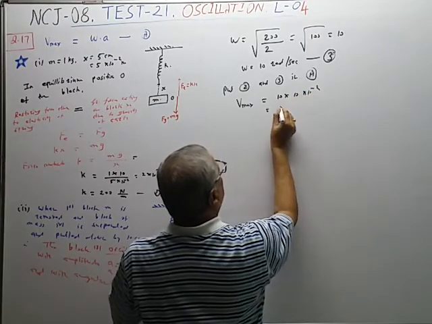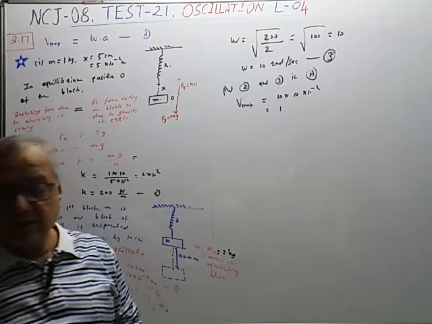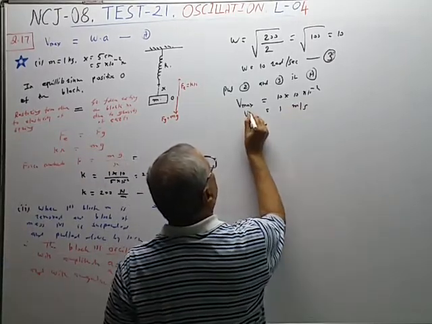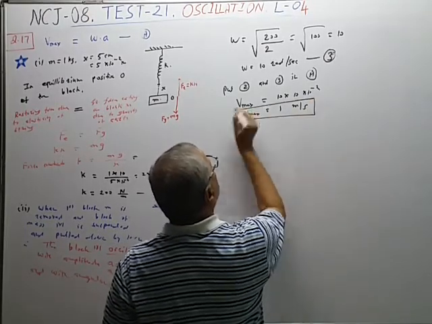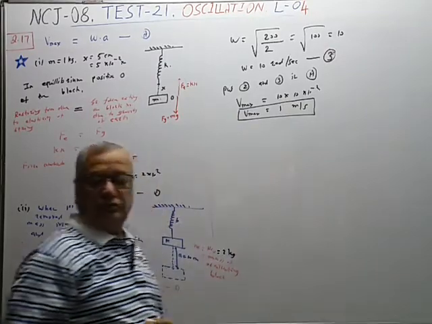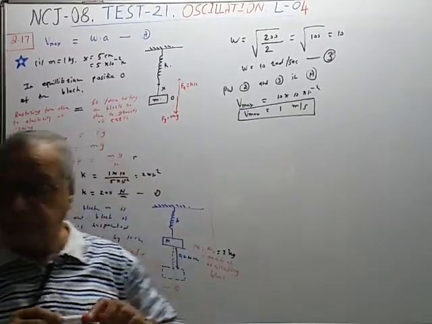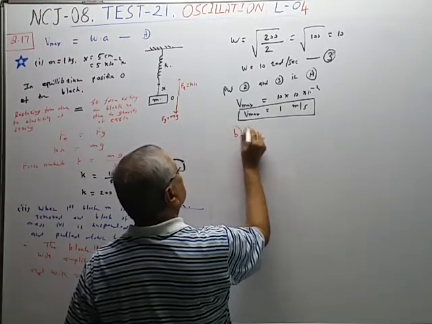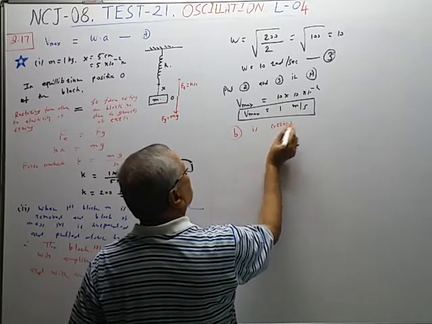So that is equal to 1. So maximum velocity is equal to 1 meter per second. So the correct answer is B. B is correct.